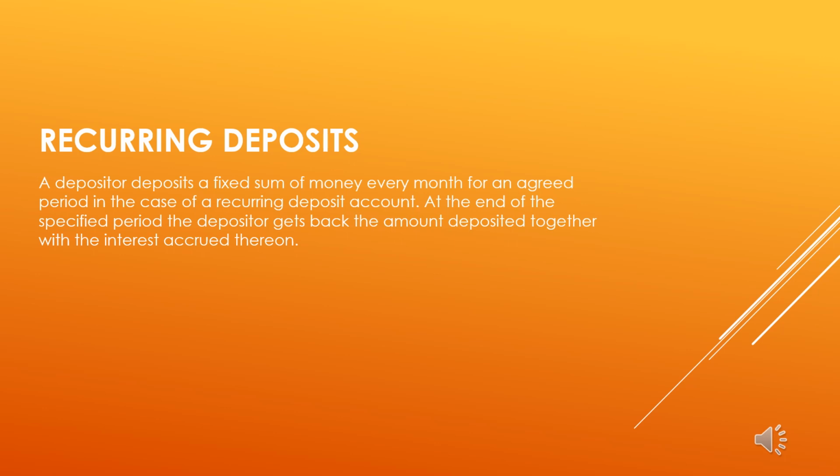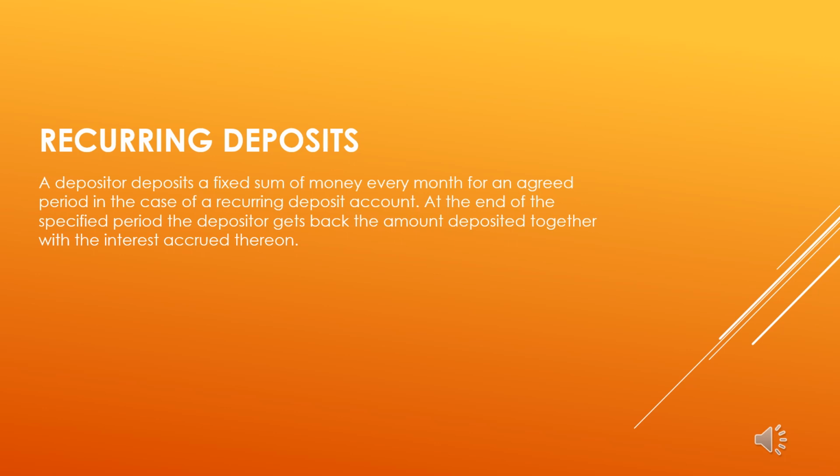For example, say I start a recurring deposit account for 1 year, and every month I'll be depositing an amount of 10,000. After 12 months, after the expiry of 1 year, I'll be receiving 10,000 into 12, that is 1,20,000 rupees, plus a fixed percentage of interest, for example 3.5%, 4%, etc. Usually this much interest is provided on a recurring deposit.